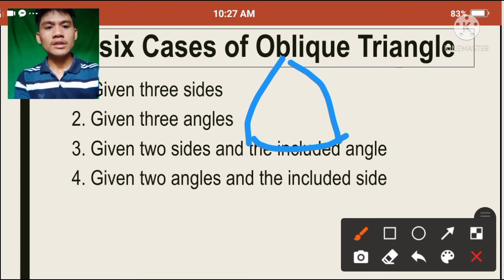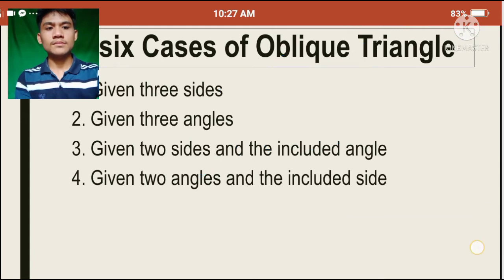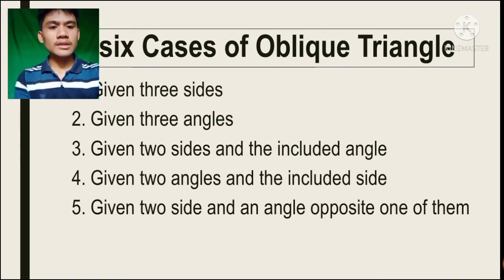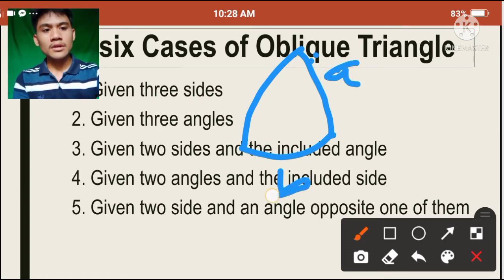Given the 2 angles A and B, this would be the included side C. Next, given the 2 sides and an opposite angle of one of them, we have this oblique triangle given 2 sides, side A and side B, and angle A.